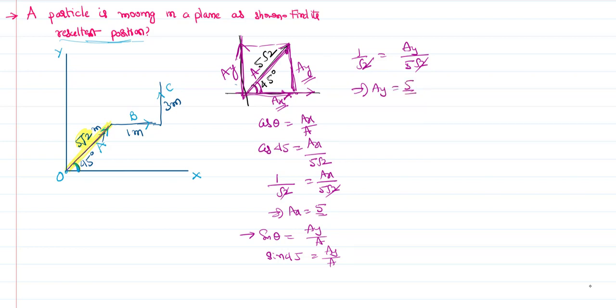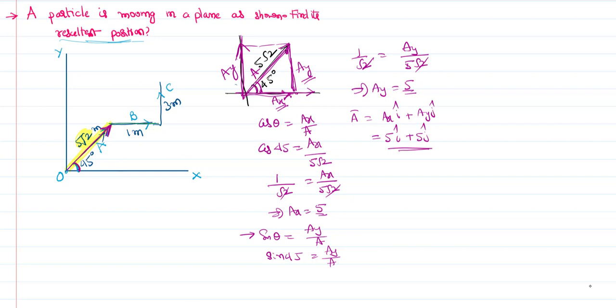So this vector 5 root 2 making an angle of 45 degrees can actually be written as ax i cap plus ay j cap, that is, 5i cap plus 5j cap. We have simply decoded this vector and expressed it in terms of its components. That's the major part of the problem. The other parts will definitely appear easy now.